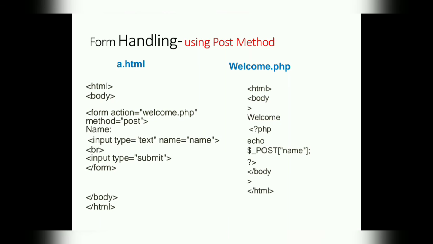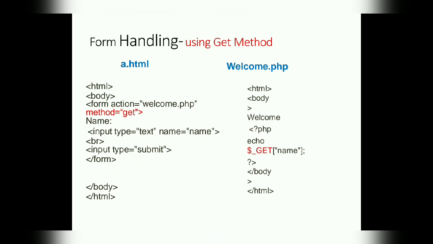Now it is the HTML form, right? So I have saved this file with the a.html extension, and on the other side I have to create another file with .php extension. As this is the welcome form, I have given the name welcome.php. Start with the HTML and body tag.